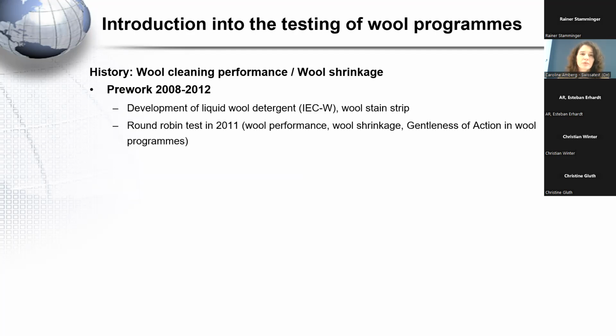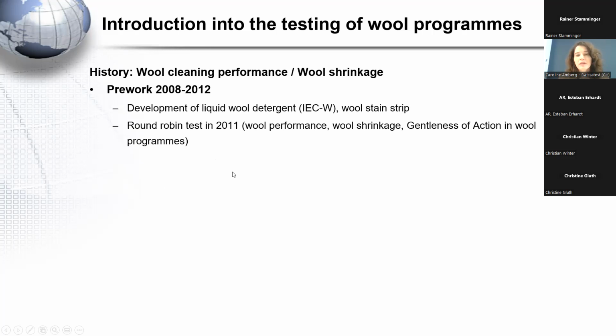Good, then let's start with this general part. So a little bit of history of this whole topic in the IC world. Already in 2008, some pre-work has started about wool cleaning performance and wool shrinkage. So there has been a new liquid wool detergent developed from some members of IC 59D. I think it was a joint work of also some companies like Procter & Gamble, Henkel, and WFK.